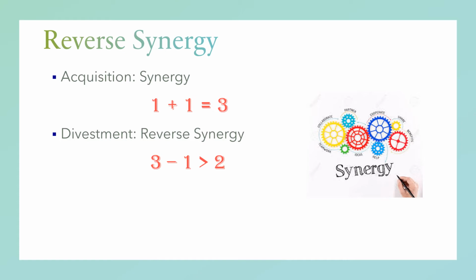The two elements of an existing business are worth more separated than combined. The arithmetic behind divestment or reverse synergy argues that 3 minus 1 can be worth more than 2. In other words, part of the business can be sold off at a greater value than its current worth to the company.